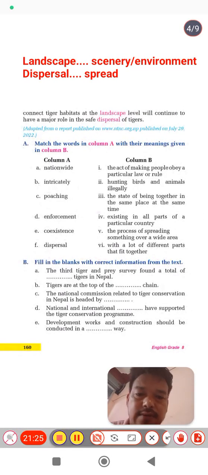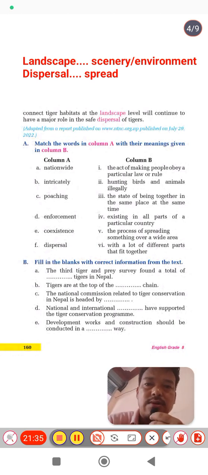So here is the final line. Here are some words also: landscape means scenery or environment, and dispersal means spread.